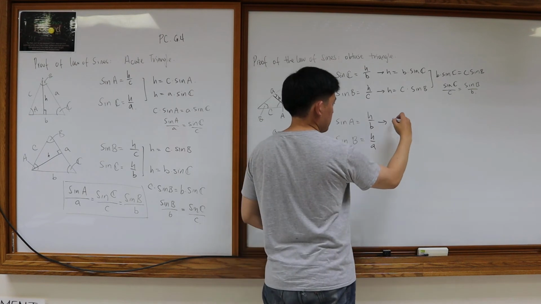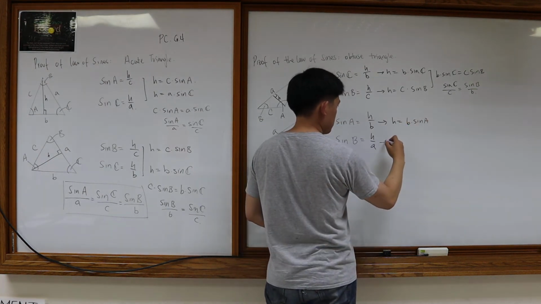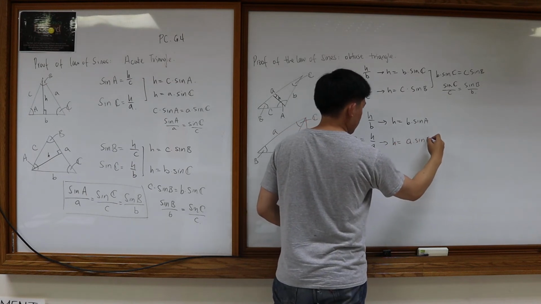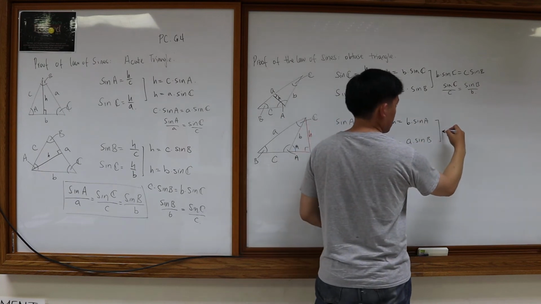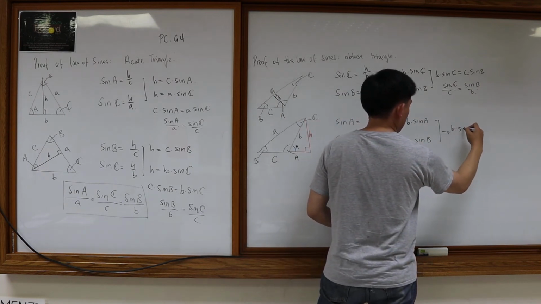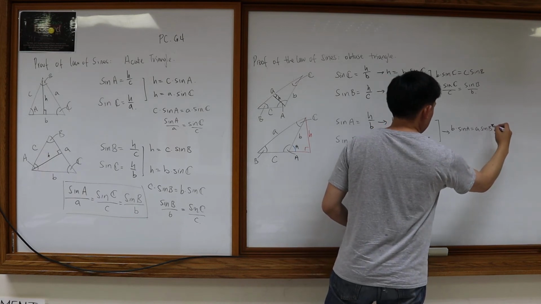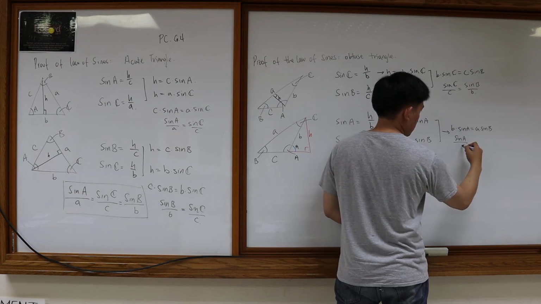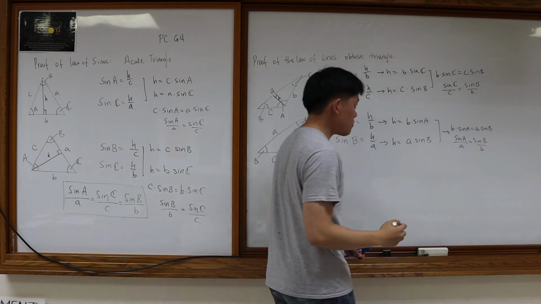So this one gives us h is equal to b times sine of A, and this one gives us h is equal to a times sine of B. Equating these together, you end up with b times sine of A is equal to a times sine of B. Rewriting gives us sine of A over a is equal to sine of B over b.